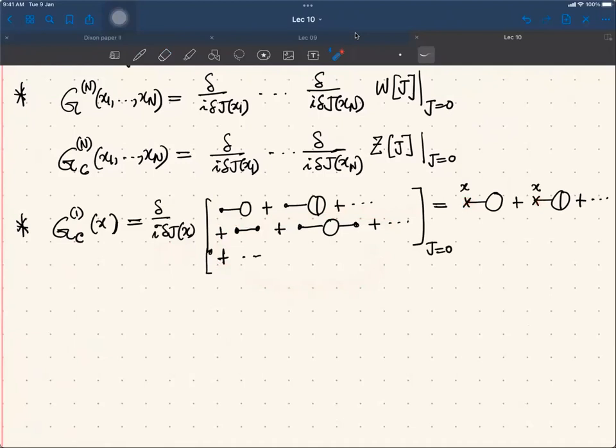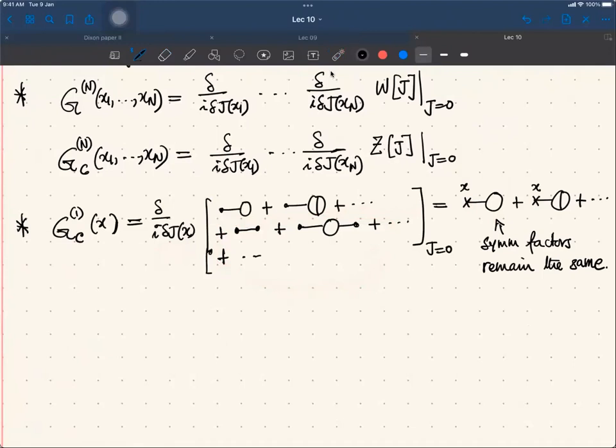The symmetry factors in this diagram will remain the same. But we will see how the symmetry factors change for other diagrams.